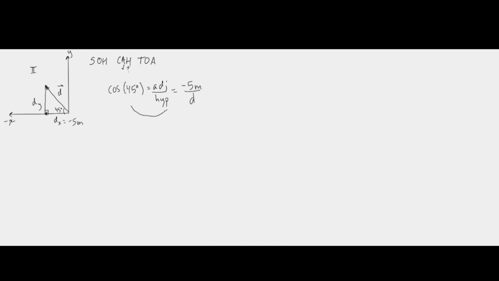I'm going to equate the left and the right-hand side since they're equal. So let me rewrite that just to be clear. The cosine of 45 degrees equals -5 meters divided by d. Now, the only unknown is d, so I need to use some algebra to get d by itself. So if I multiply both sides by d, then I have d cosine 45 degrees equals -5.